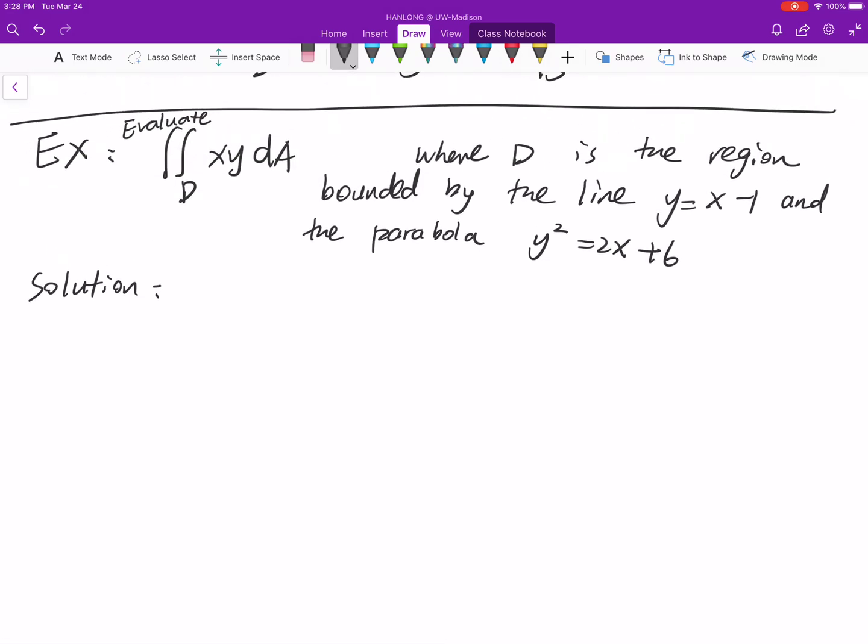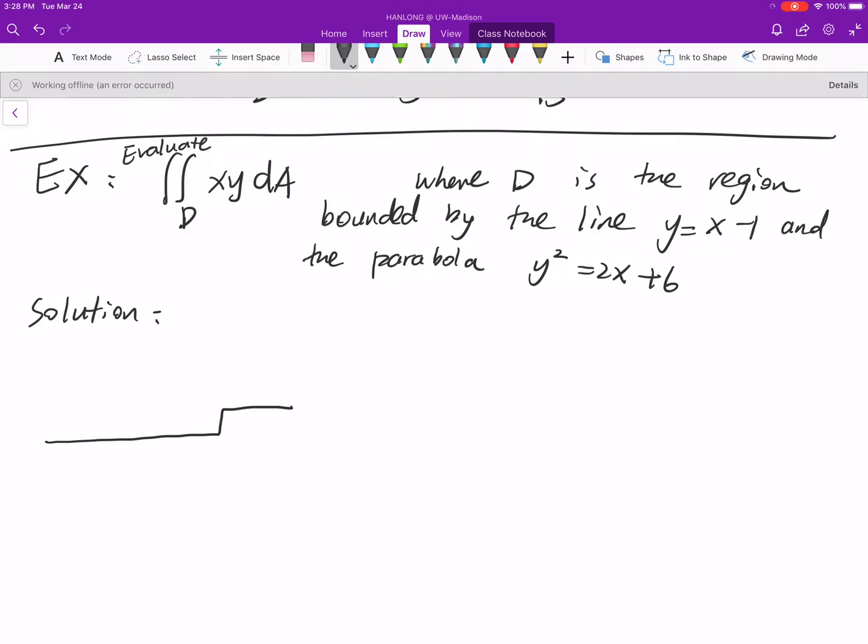Okay, so first, as in the previous problem, we first draw a picture. And here, firstly, you have the line.